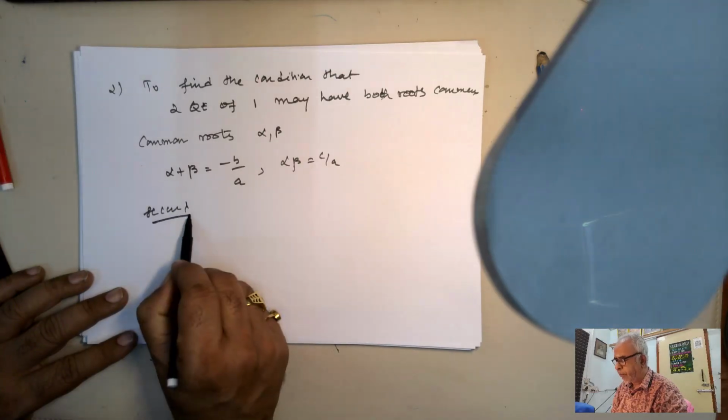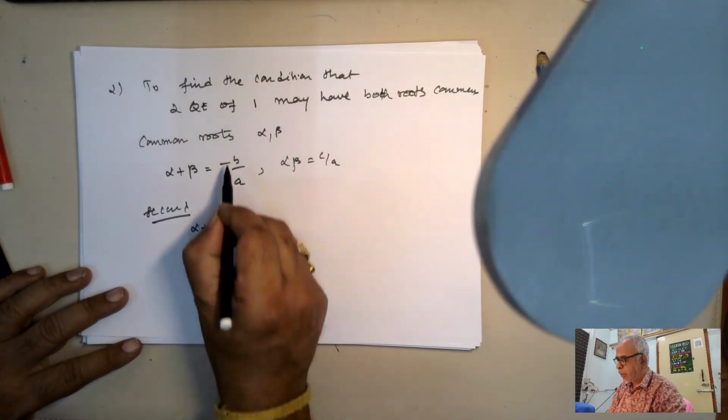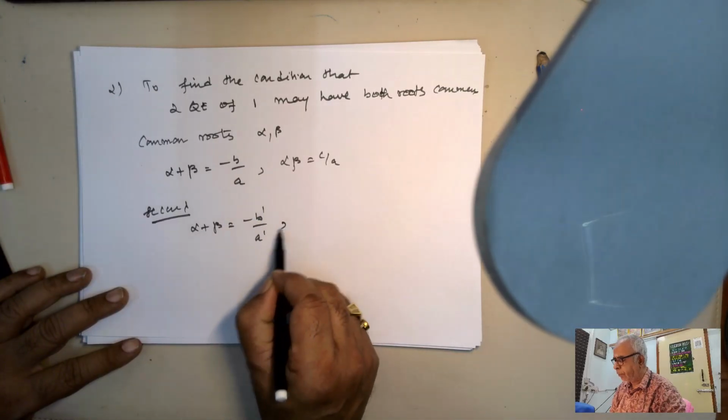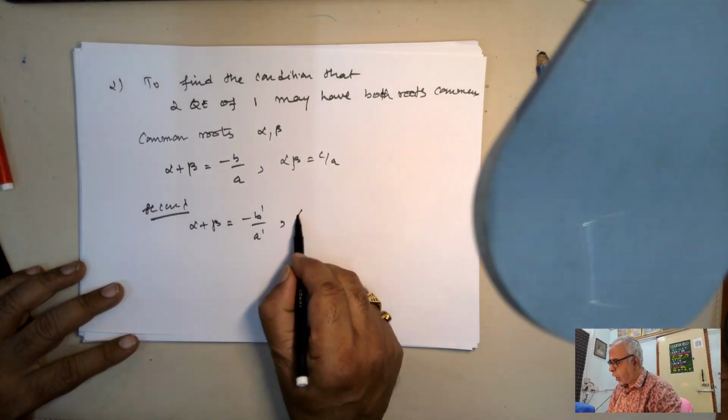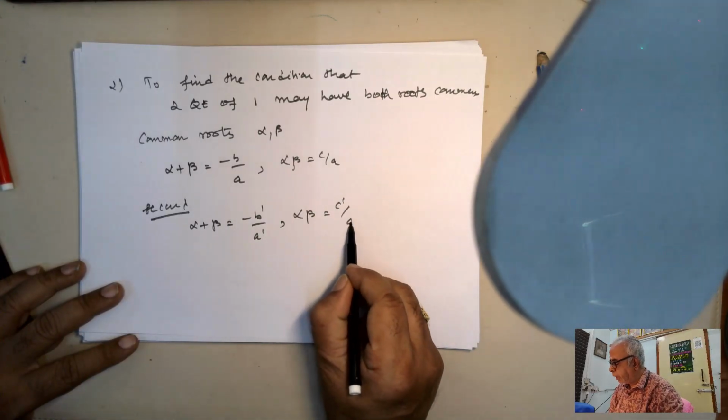From the second quadratic equation, alpha plus beta is minus b dash by a dash, right? And alpha beta is equal to c dash by a dash.